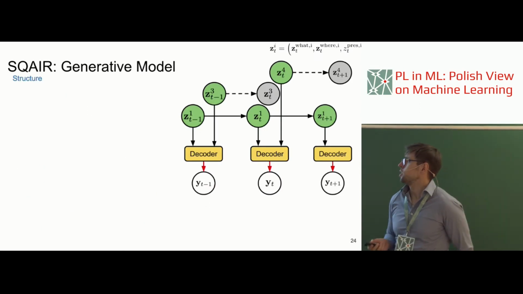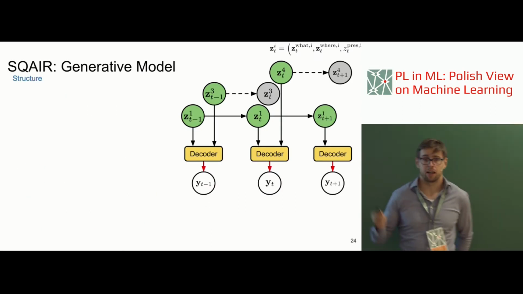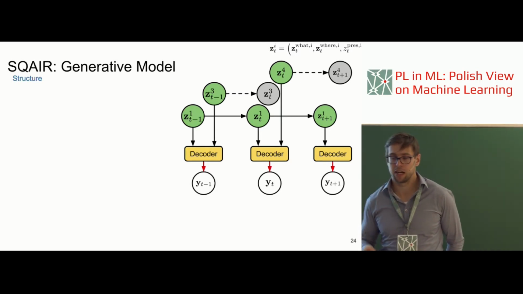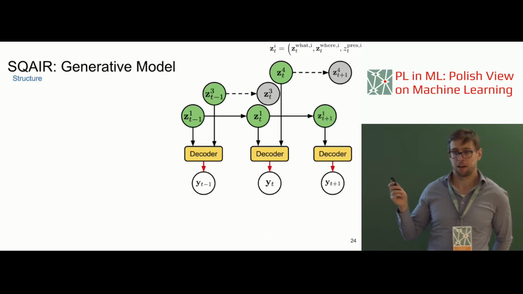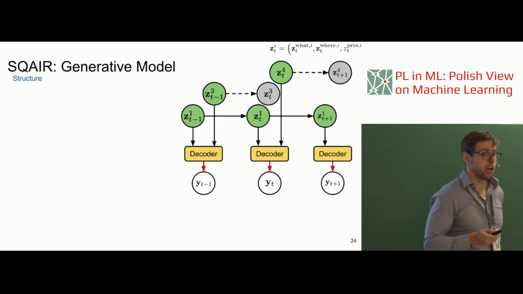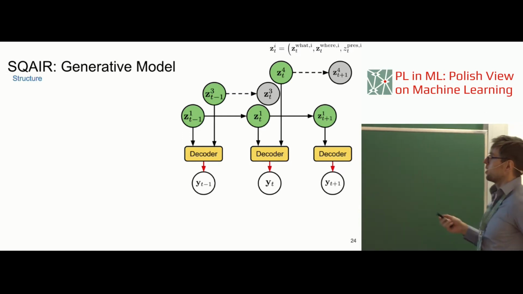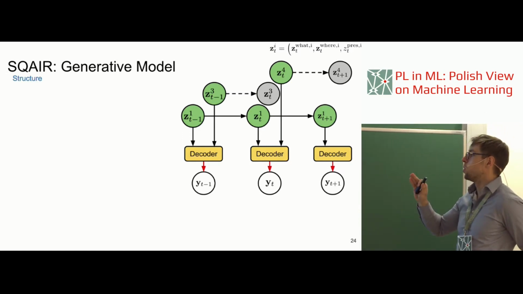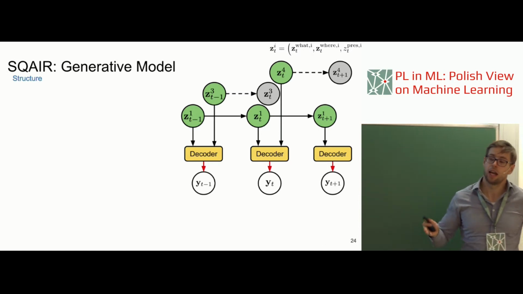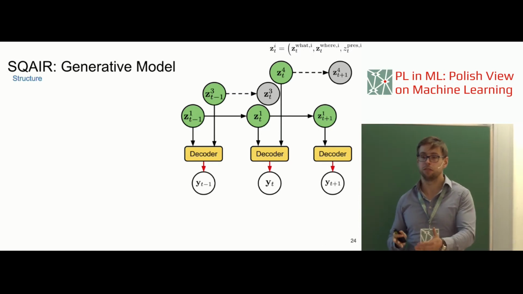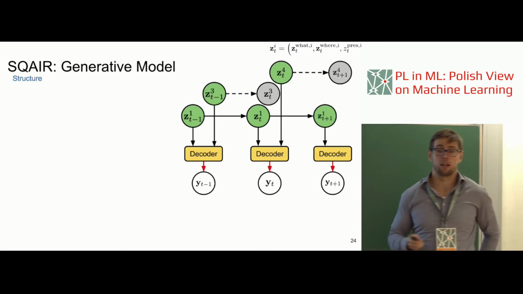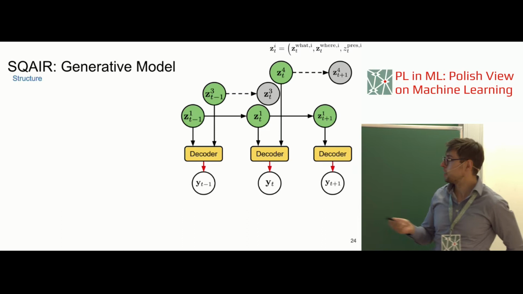So the generative model here, which is again the process that creates the data, is given by this diagram. It's quite a bit more complicated than the one for AIR, but you can look at it by basically having 3 different time steps, t minus 1, t, and t plus 1, and at every time step, it's basically like AIR as well. But there are also some connections between time steps.